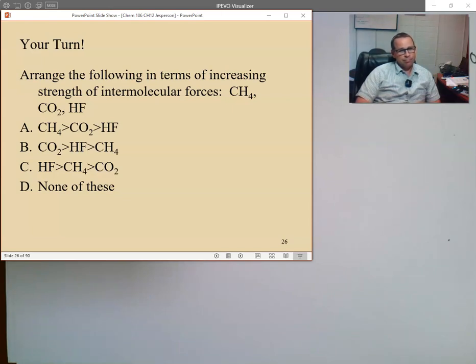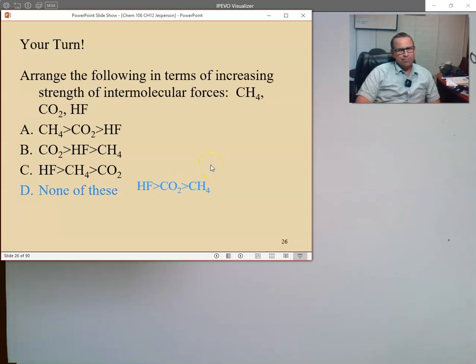So I guess you'd have to check the weights of those respective molecules. It's 16 for CH4, and it's going to be 32 plus 12, so 44 for the CO2. So the CO2 is actually going to have stronger intermolecular forces. Okay, very good.